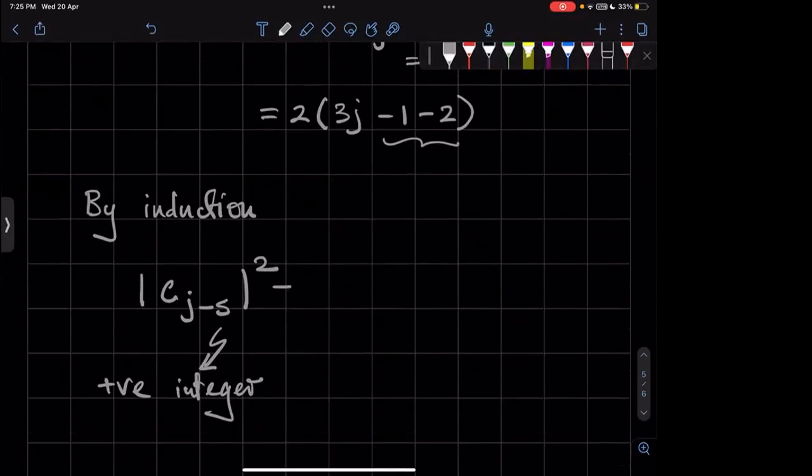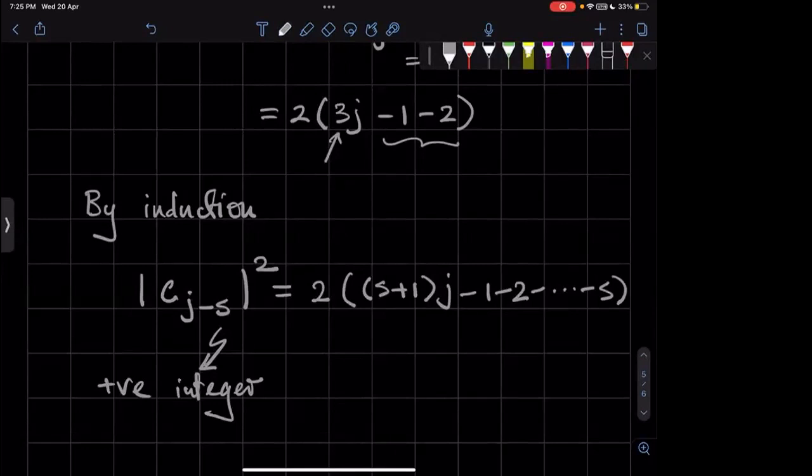So if I take S steps, I should have a factor of 2 here, and for 2 steps we had 3. So for S steps, we should have S plus 1, then a factor of j, and then we should have minus 1, minus 2, minus ..., minus S.